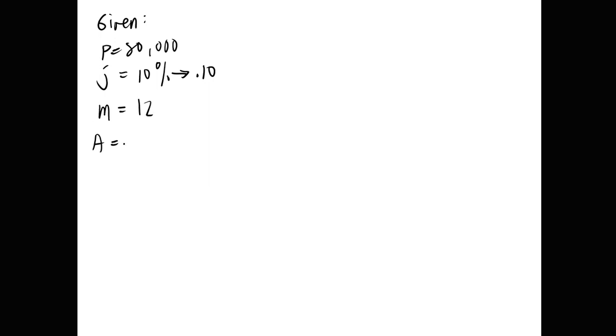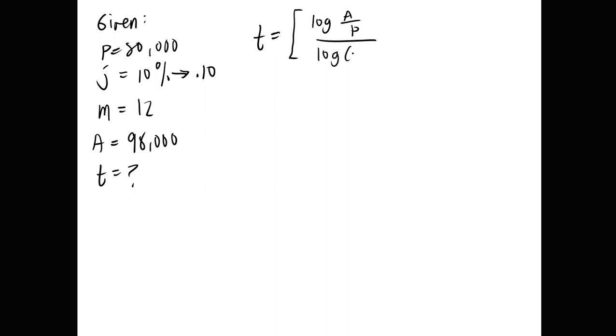A, the future value, we have 98,000 pesos. And then, we are solving for the time. Okay, so now, let's have the formula for the time. So, you have t is equal to log of A over P divided by log of 1 plus i, and then, divide it by m.